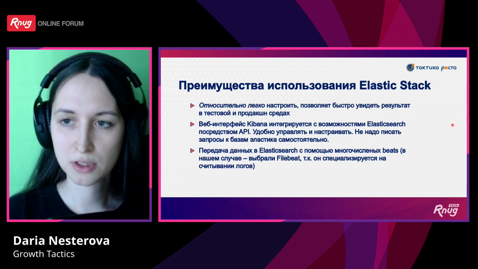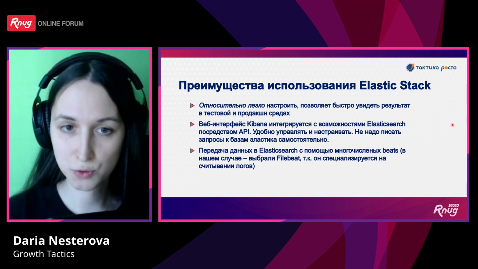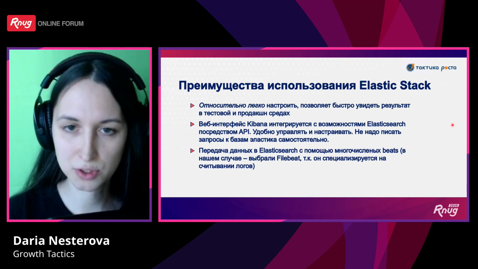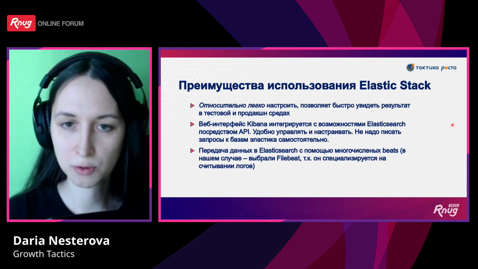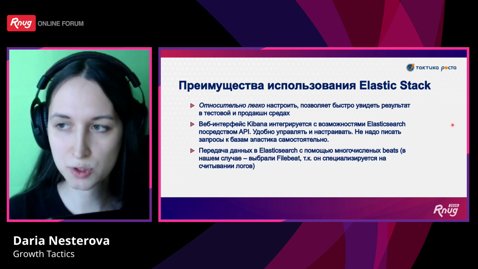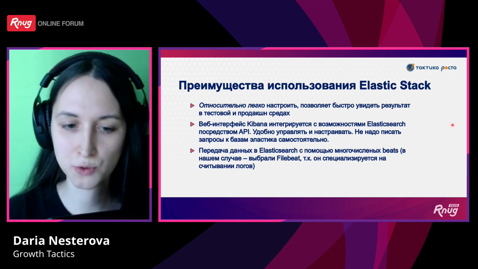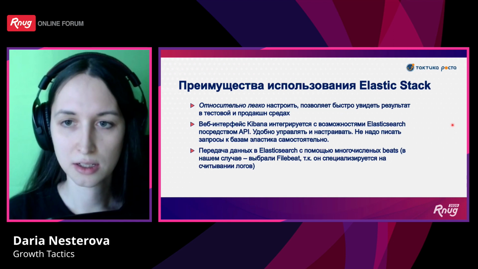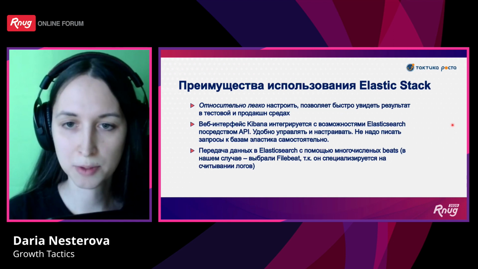So what are the advantages of Elastic Stack in our case? First of all, it is relatively easy to set up because this tool allows us to see the result relatively quickly, both in test and production environment. So basically, we are talking about just correcting our configs.